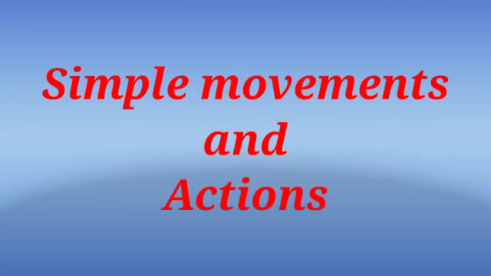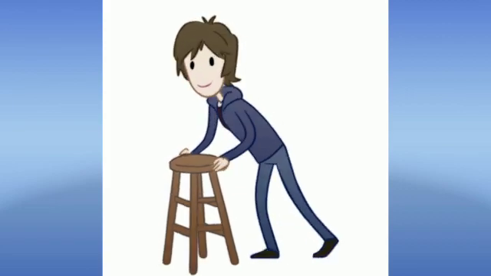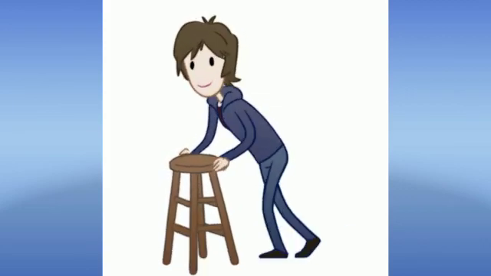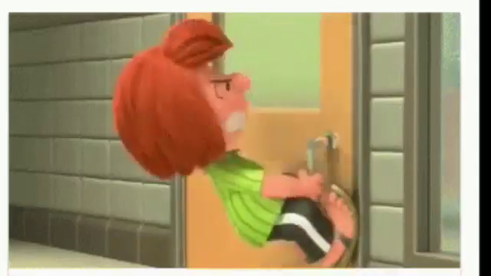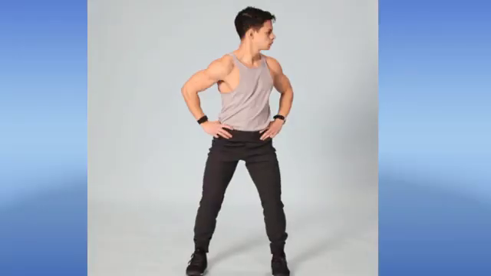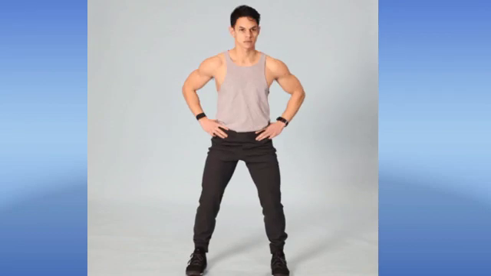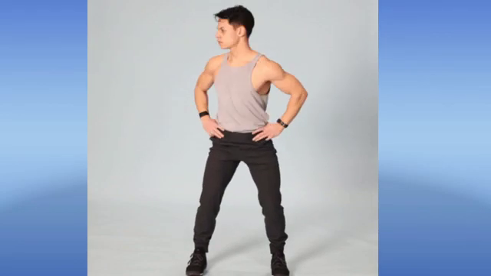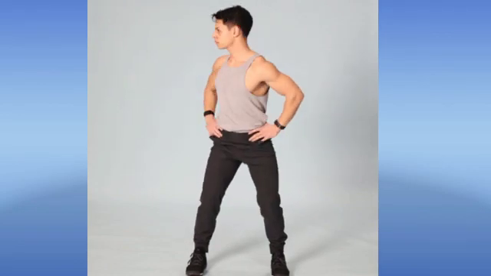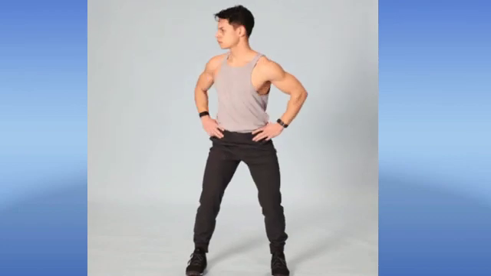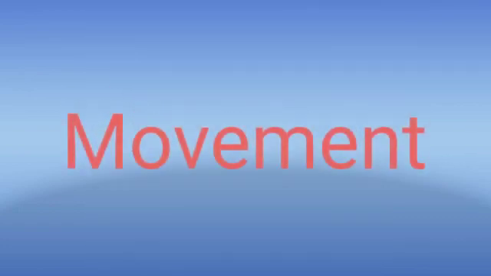Simple movements and action. In our daily life, we do different actions such as pushing, pulling, twisting, and turning. By doing these actions, we move or change the shape of an object. Let me define movement.